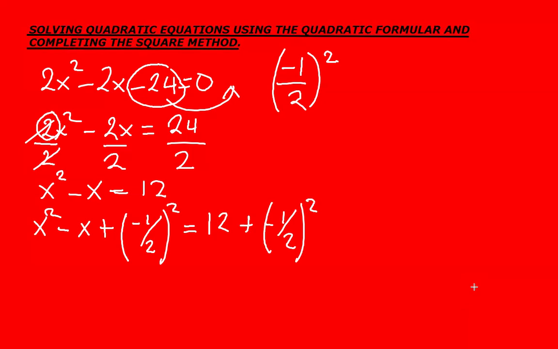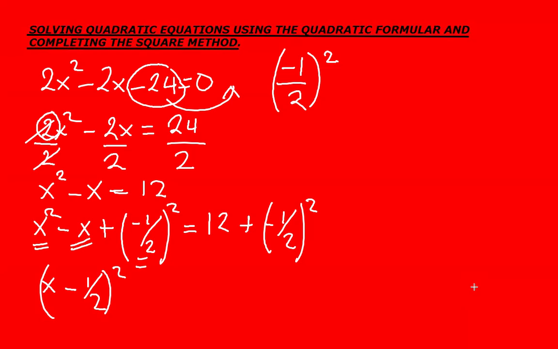Once you factorize on the left-hand side, we simply get x minus 1/2 squared. I just ignored the middle term for simplicity. It works because it becomes a perfect square.